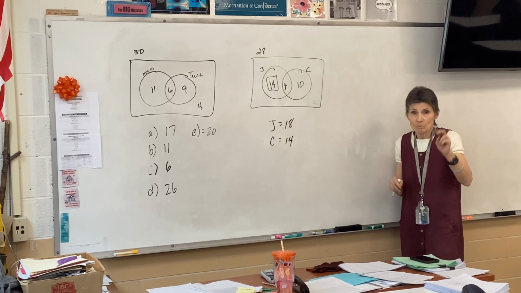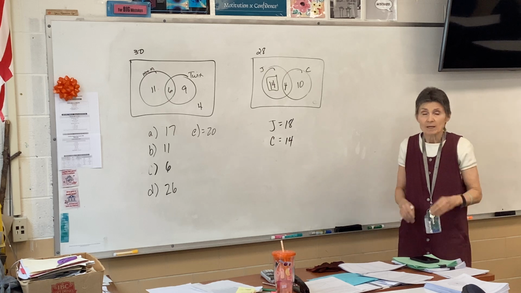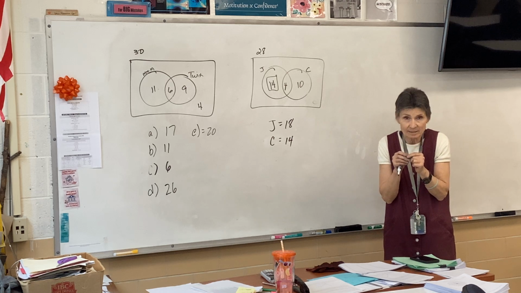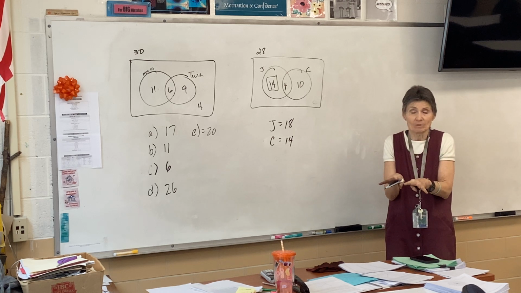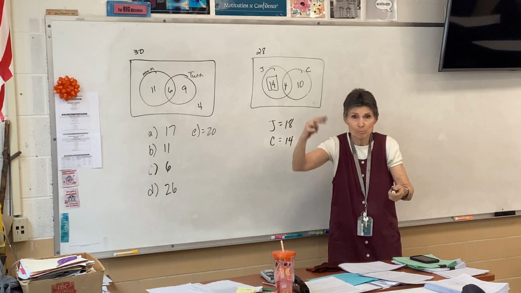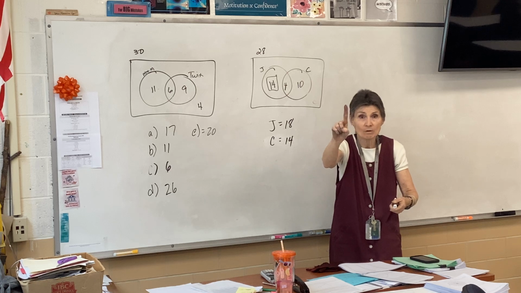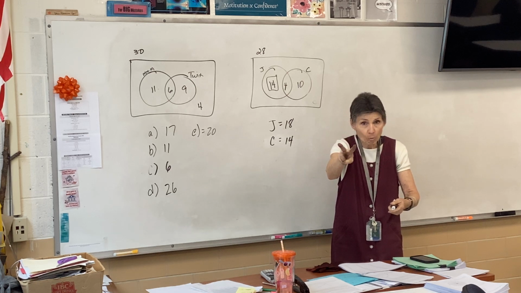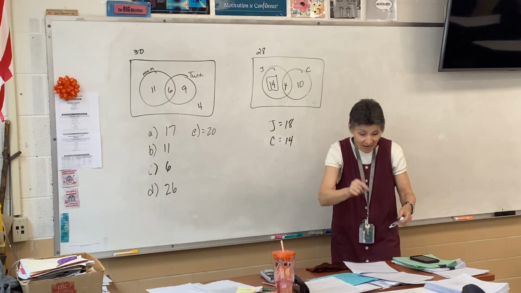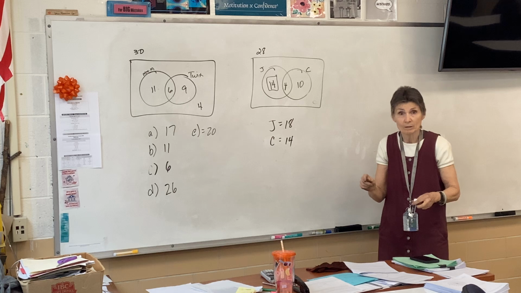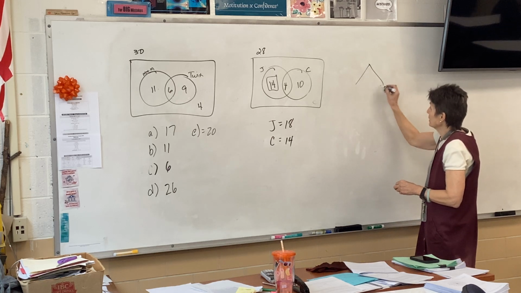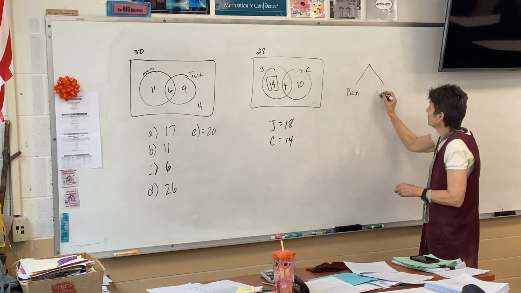All of our tree diagrams will have two levels, two steps. The question that's being asked is always the bottom level. So my two things in this problem are rain or not rain, and homework or not homework. Since the question says, find the probability of doing homework, homework is going to be second. First is going to be, is it going to rain or not rain?